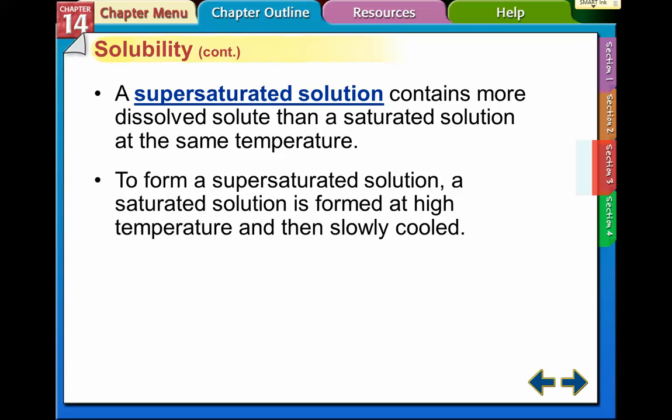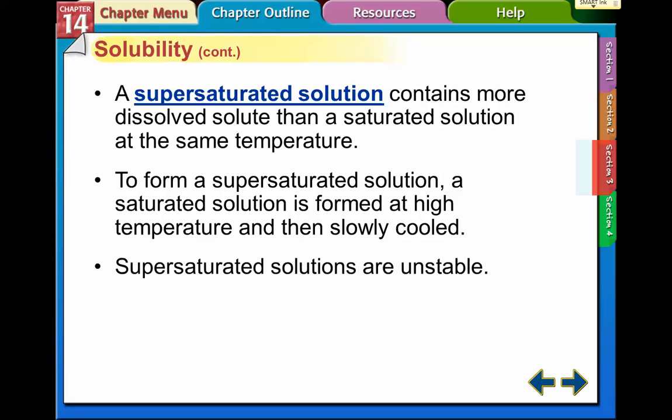And as it cools slowly, sometimes it will be oversaturated. It'll still be in solution, but it's unstable. If you hit it or you put the jar down too quickly, that extra solute that's in solution will quickly come out of solution. So hopefully I'll show you a little demo on that.